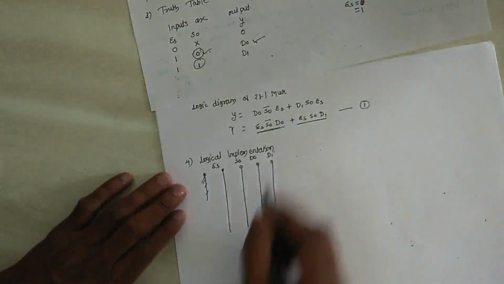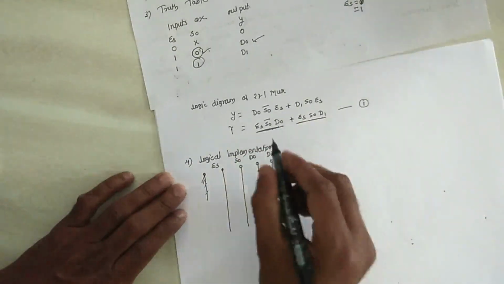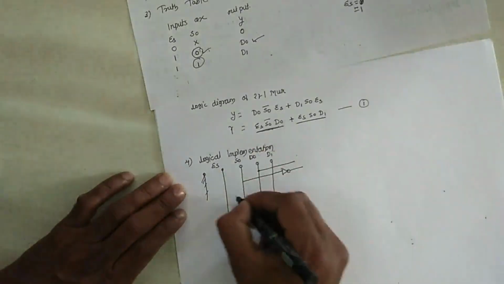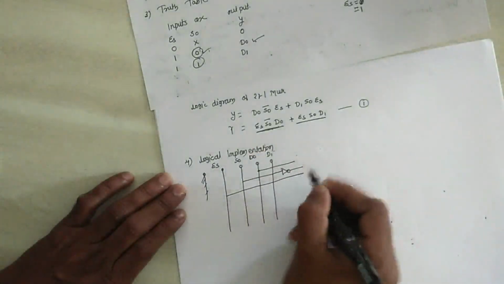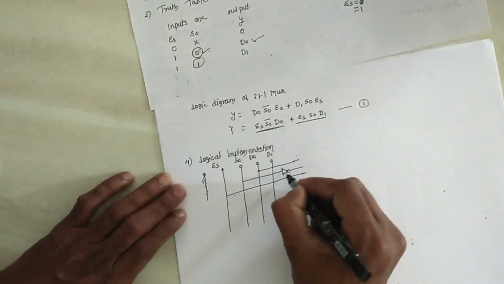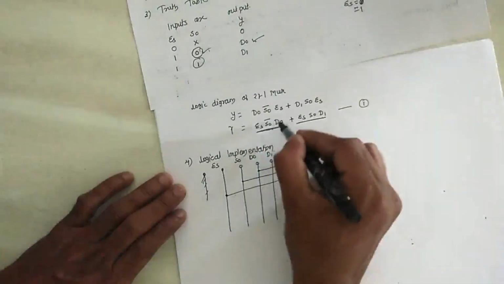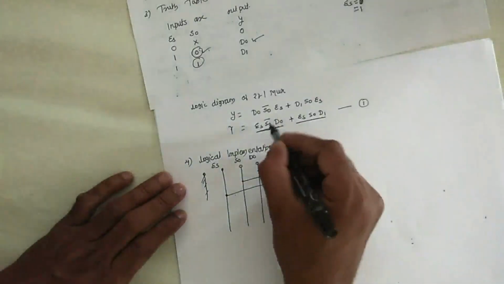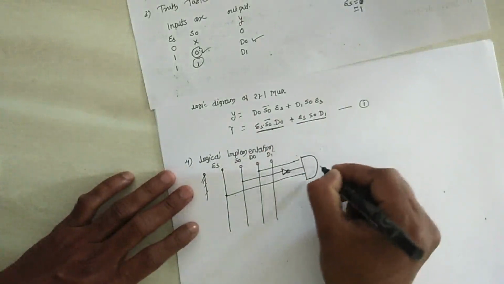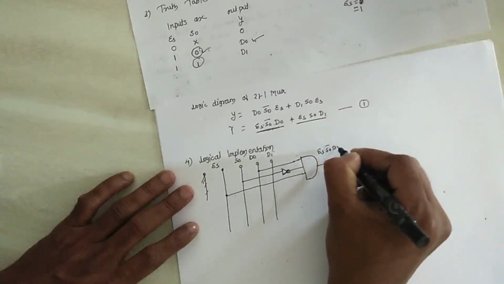Okay, first implement this term. D0 consider as it is. S0, I need S0 complement, so take NOT gate, and for ES no change, you can take as it is. So these are three variables: ES, S0 complement by using NOT gate, and D0. After that, what is the relation between these three variables? They are ANDing with each other, so use AND gate. So it produces first term, that is ES S0 complement D0.